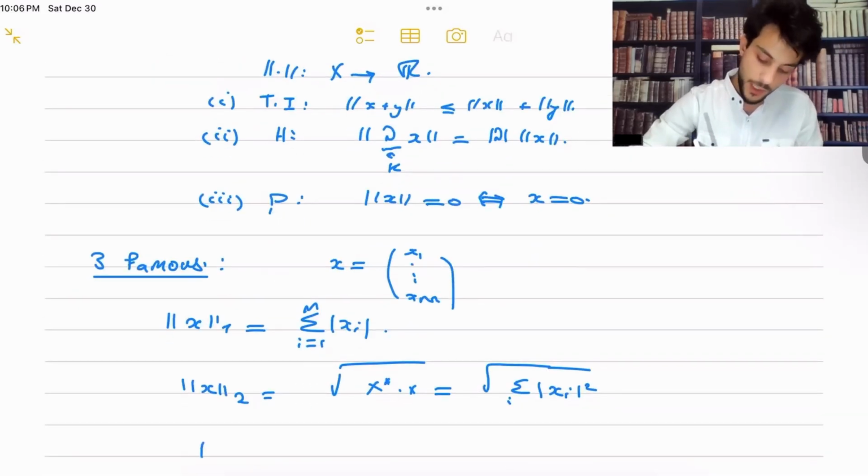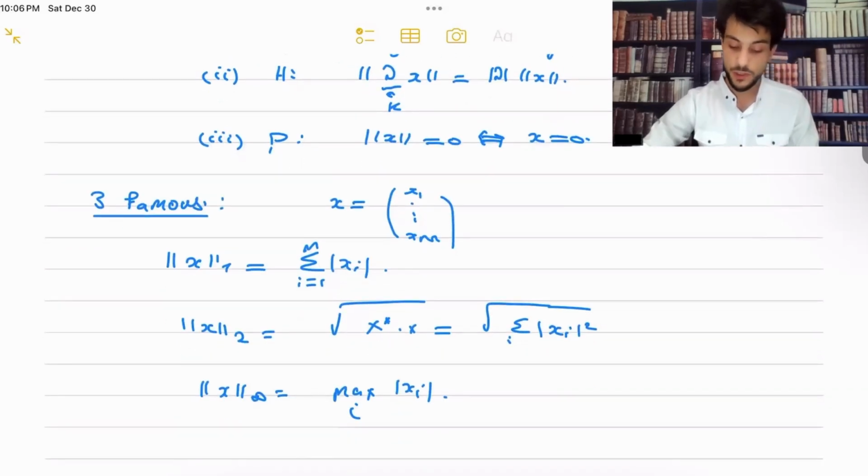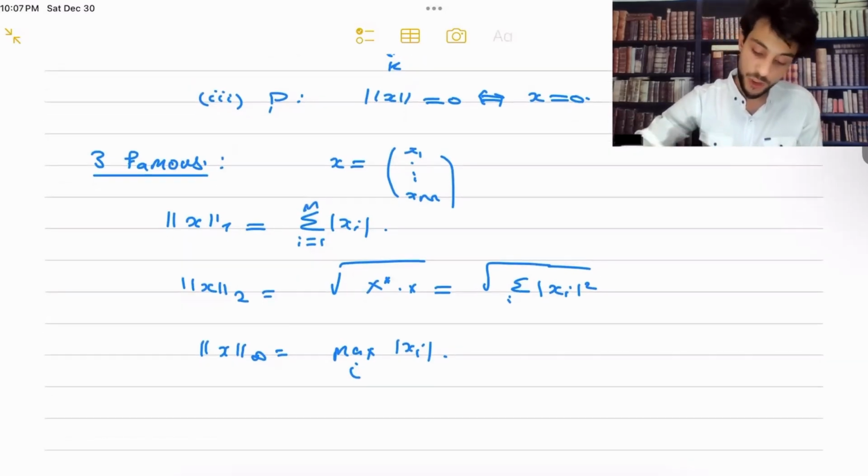Now, there is also a norm of special importance, which is the infinity norm, which is defined to be the maximum over all the entries of the vector that we started with. So these norms play a very important role in the theory, as we shall see in the coming videos.